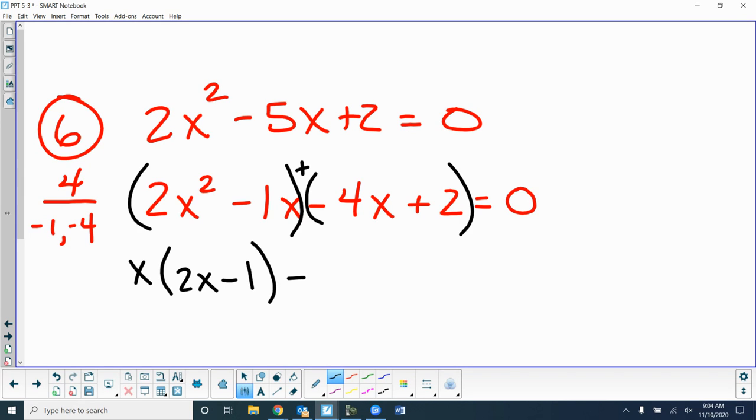Pull it out. What goes into those two? 2. What's negative 4x divided by negative 2? Positive 2x. What's 2 divided by negative 2? Negative 1. Are they the same? They are, aren't they? So what are the two factors?